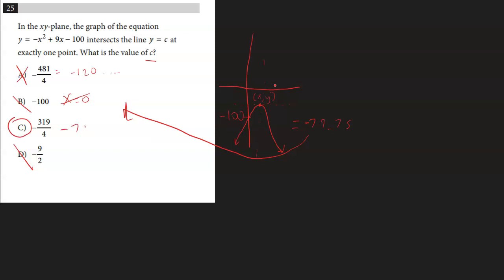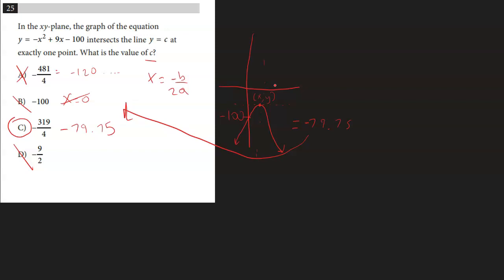And that is negative 79.75. But if somehow you don't want to use your graphing calculator, which I highly recommend you figure out how to use, because that makes this equation so much less daunting, there actually is an equation you can use to find the answer without the calculator, and you would use x equals negative b over 2a.